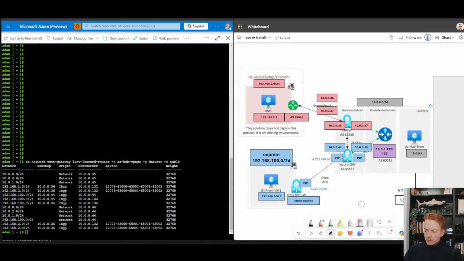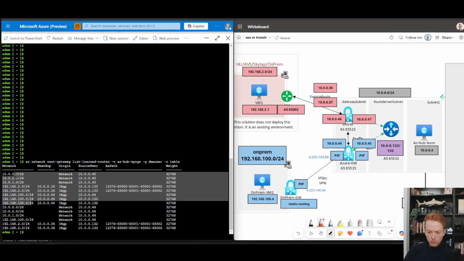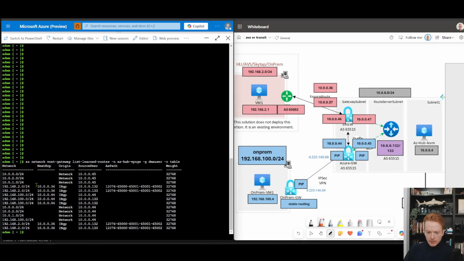Okay, this is where we need to start looking at some of the routing to start adding a bit more detail to our diagram. This is just a CLI print of what you saw in the portal earlier with the VPN gateway. I'm listing the learned routes for the VPN gateway here. You get a double print output because there are two instances, but let's just look at one half of it and take them one by one.